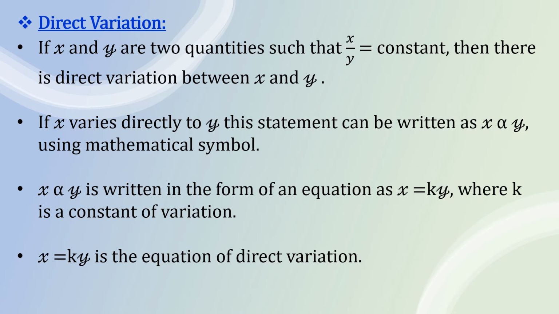This is how you have to write the equation of direct variation. I hope this is clear, what is direct variation. Now students, we will be solving our exercise 7.1.